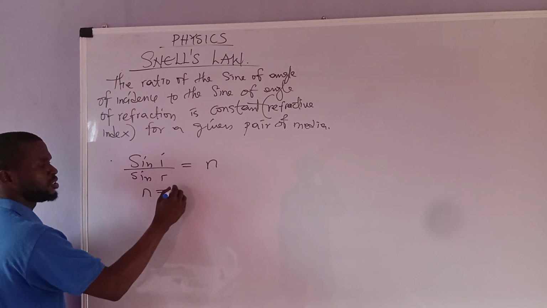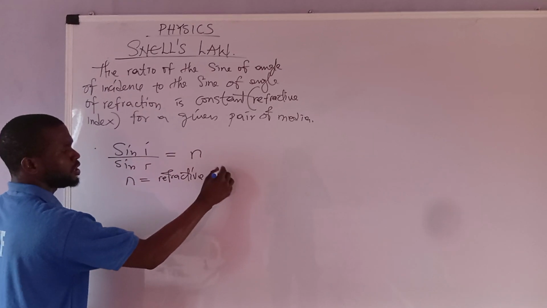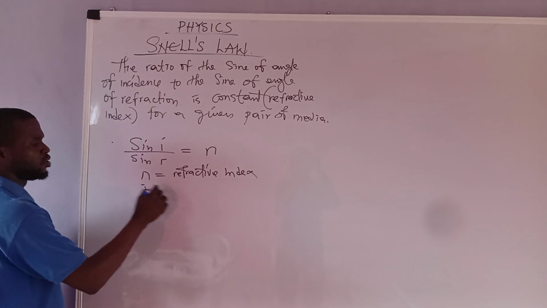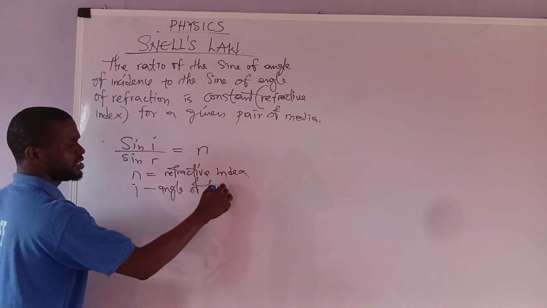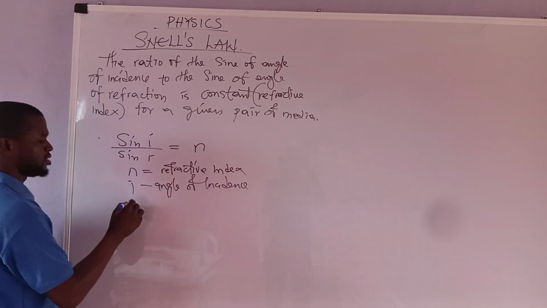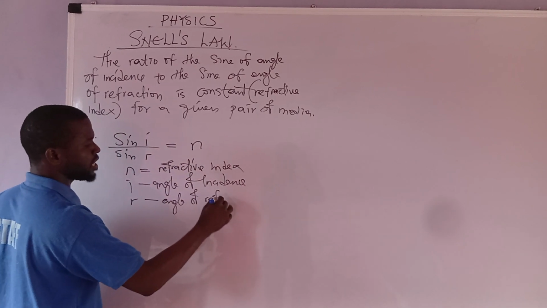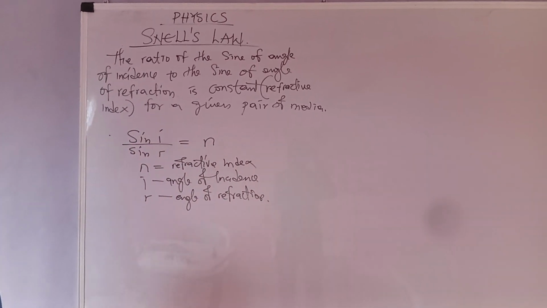So you can add this to be the refractive index. Are we together now? Then of course this is your angle of incidence, then this is your angle of refraction. As simple as that.